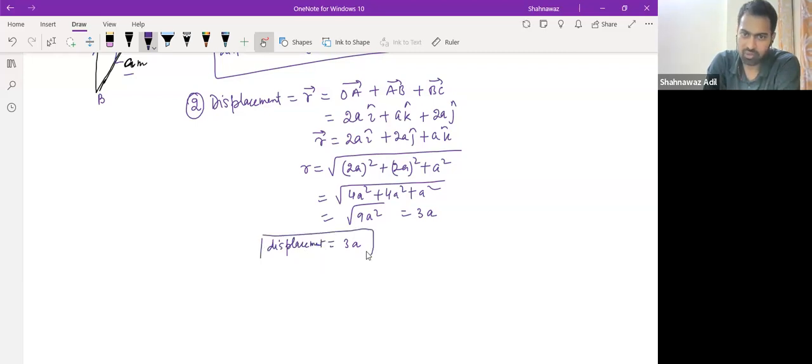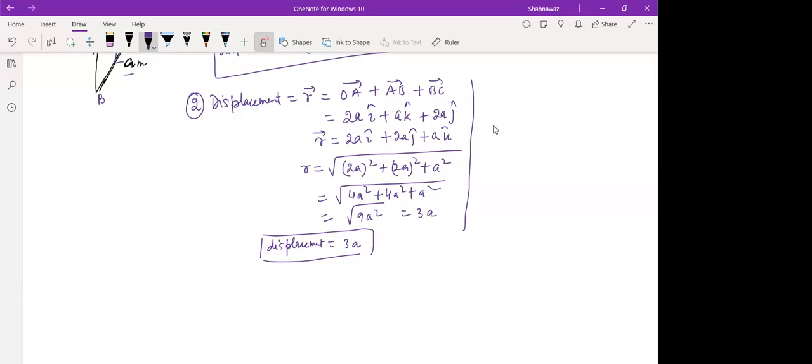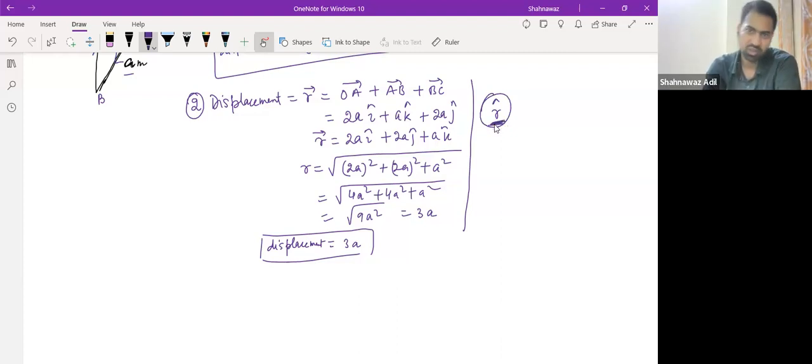And if someone wants us to calculate the direction, then we need to calculate R cap. This represents the direction, right?